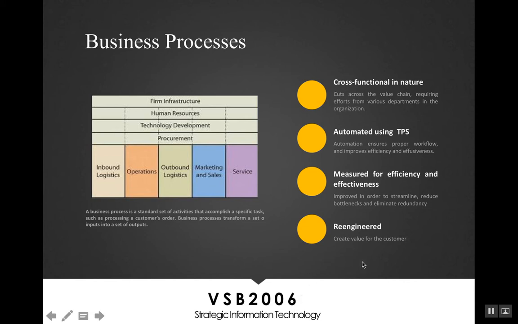And then finally, business process reengineering: the idea of focusing on value, because the purpose of these processes is really to provide value to the customer. So in each of these areas, and particularly in end-to-end process execution, the focus is really on customer value.